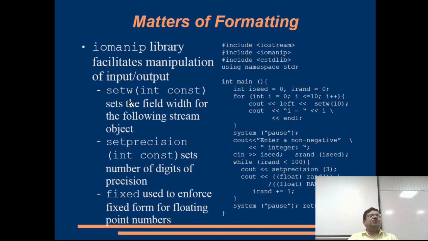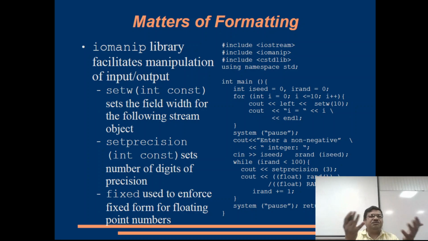So setw, then constant, the argument is a constant. setw stands for set width. So you are trying to set a fixed width. Whatever value is to be printed, it has to be set in these many columns, right? And then setprecision, how many decimal digits need to be displayed.